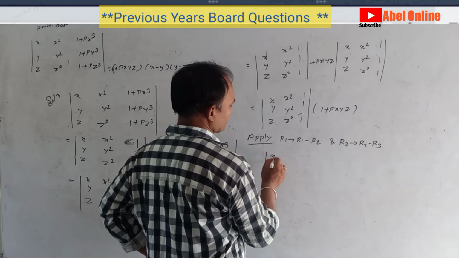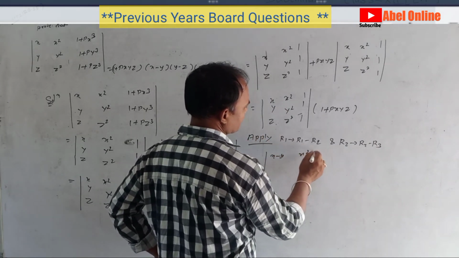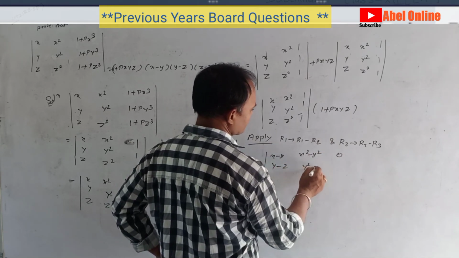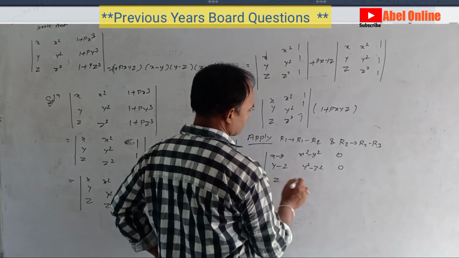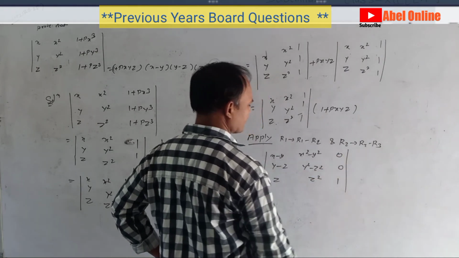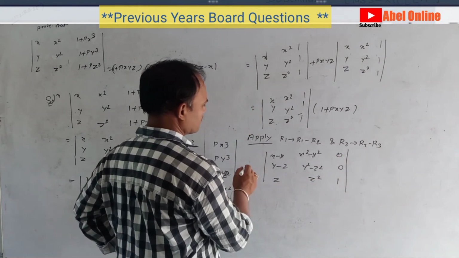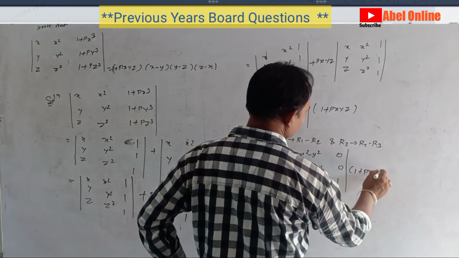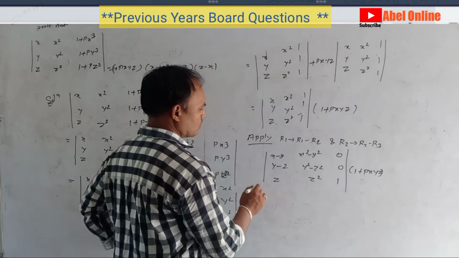So it is x minus y, x square minus y square, 0; y minus z, y square minus z square, 0; z, z square, 1. The factor 1 plus p x y z is also common and remains.